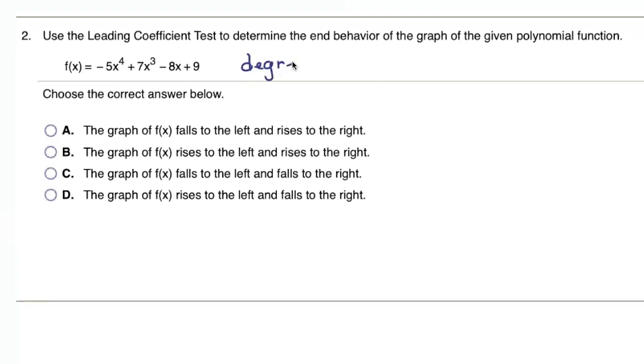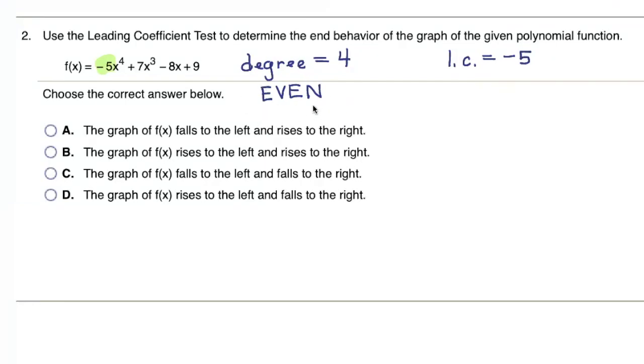You need the degree and you need the leading coefficient. The degree of this polynomial is the highest exponent that appears, which is 4. The leading coefficient is the coefficient of that highest degree term, and the number in front of the x to the fourth is -5. So my leading coefficient is negative.